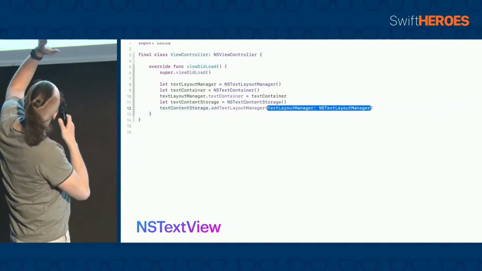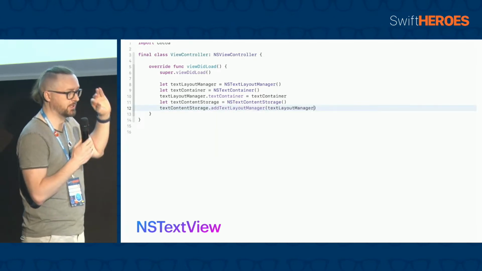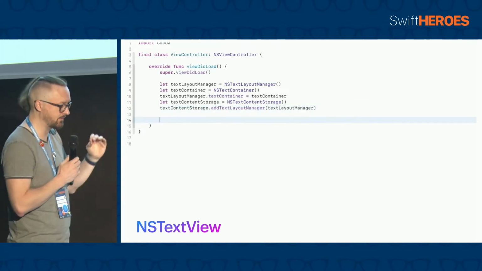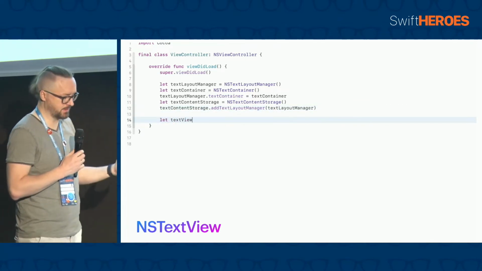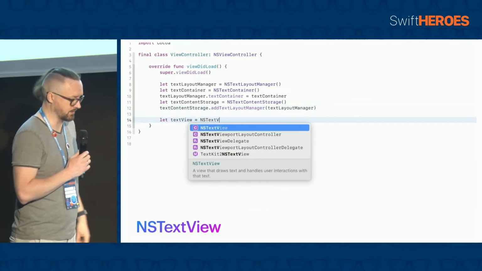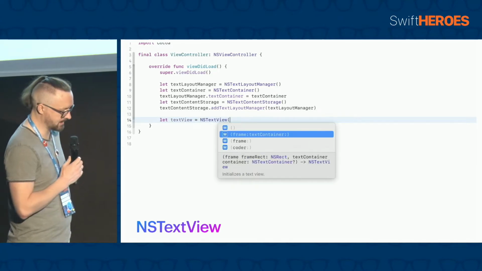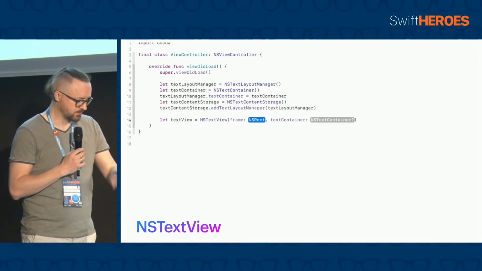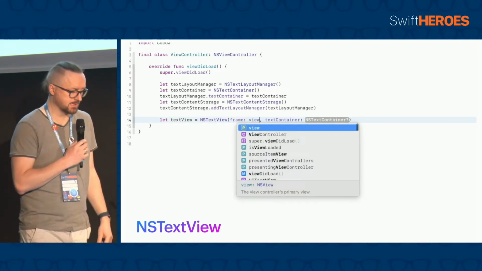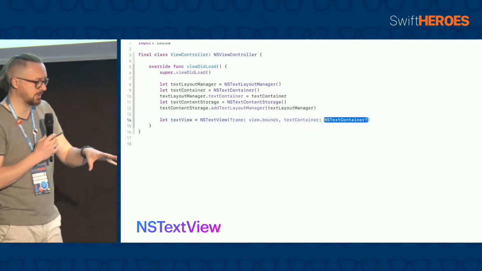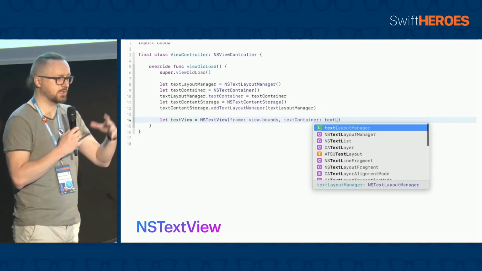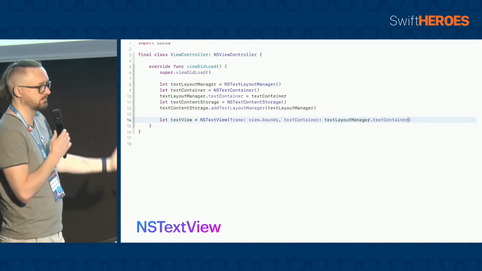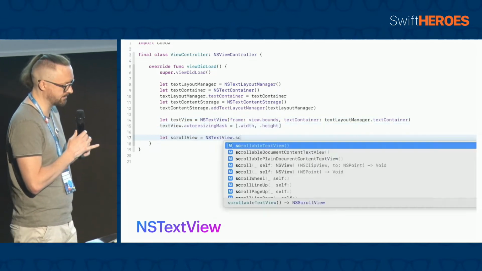You have to do that. It cannot be done from XIB or Interface Builder because Interface Builder does not provide the constructor for TextKit 2. NSTextView has this new constructor, this one, frame and text container. That will tell TextKit 2 to use the TextKit 2 engine instead of TextKit 1.